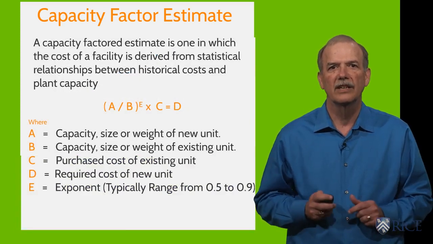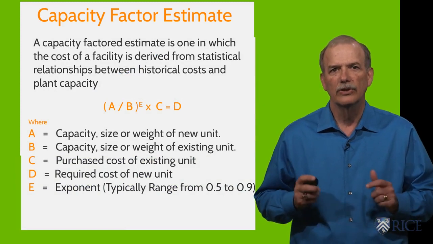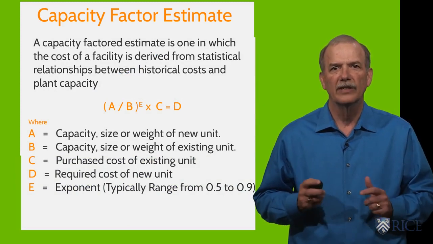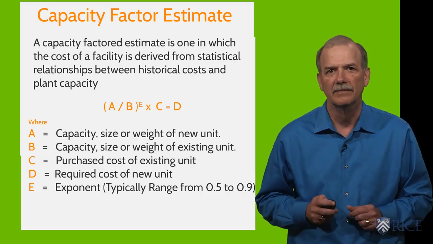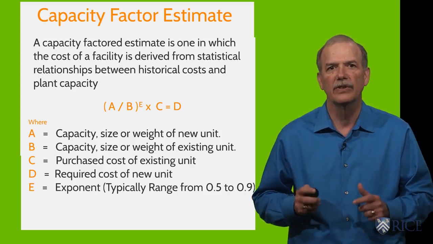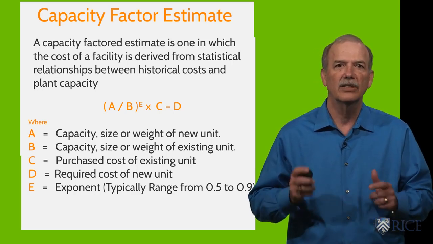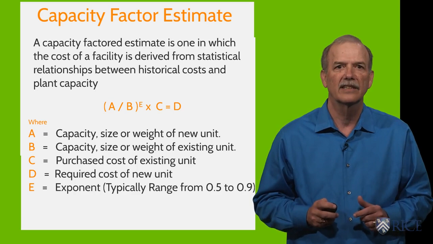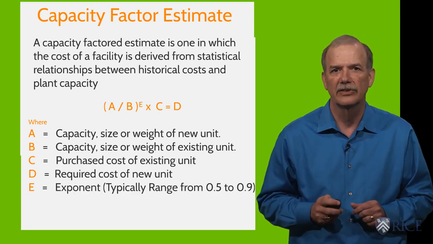The formula you see here fits most types of projects. To use the formula, you curve fit historical data using regression analysis to determine the exponent E. This will give you the formula for your situation. In many industries, estimators have already done the analysis, and the typical exponent for your type of project is available from the literature.